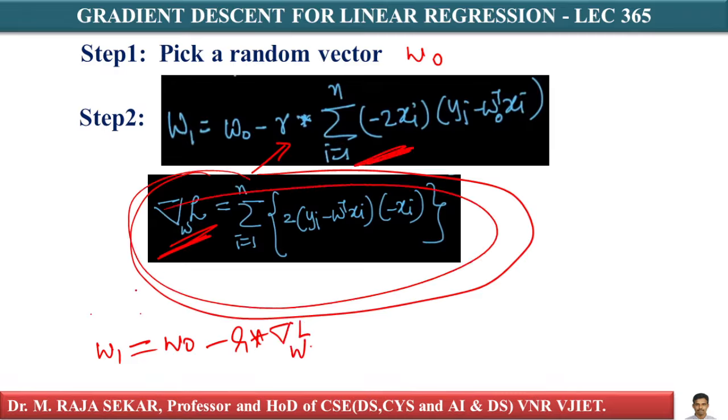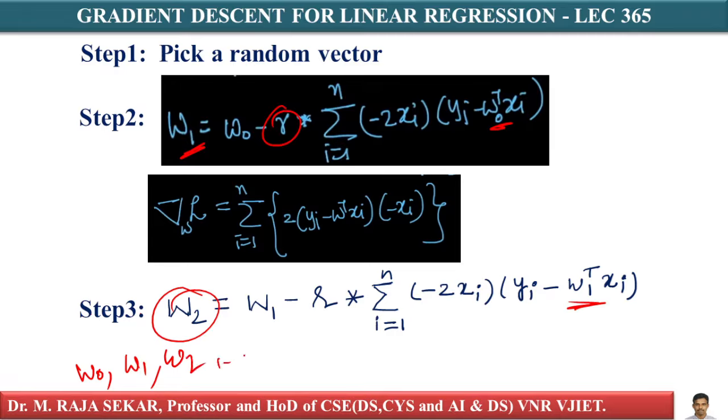Yes. We will compute W2 equal to W1 minus R into sigma i equal to 1 to n of minus 2xi into (yi minus W1 transpose xi). We will compute W0, W1, W2, and so on, Wk, Wk plus 1.